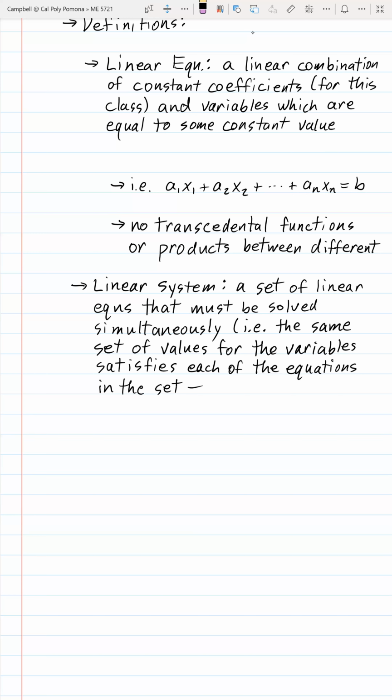So, of course, as I already mentioned, that collection of values is called the solution.